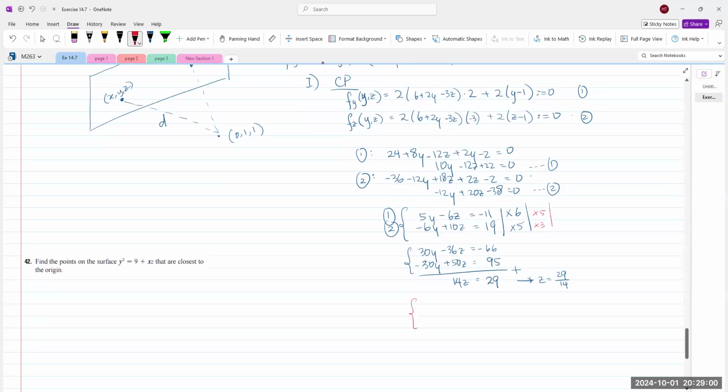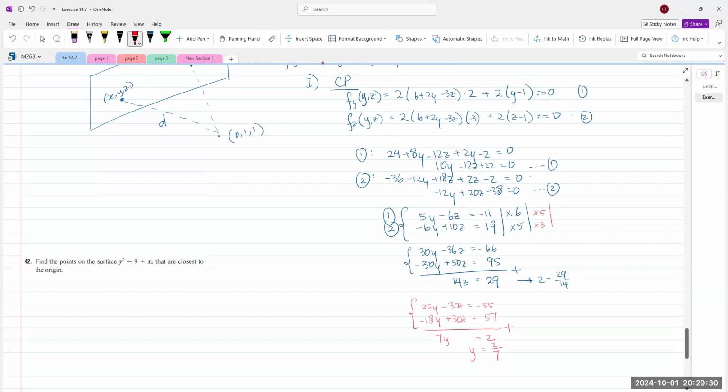That gives me 25y minus 30z equals negative 55, and negative 18y plus 30z equals 57. When I add, I get 2 on the right-hand side and 7y on the left-hand side. So y equals 2 over 7.